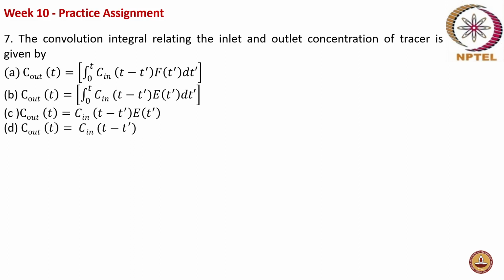So, is it option A, concentration at the outlet is equal to integral over 0 to t C in (t minus t prime) into F of t prime dt prime, or is it option B, concentration at the outlet is equal to integral 0 to t C inlet at (t minus t prime) into E of t prime into dt prime, or else is it option C, C outlet at t is equal to C inlet at (t minus t prime) into E of t prime, or is it D, C outlet at t is equal to C inlet at (t minus t prime).